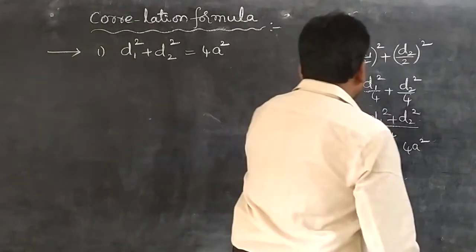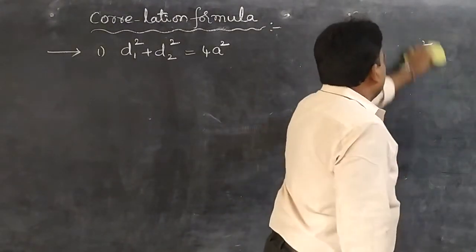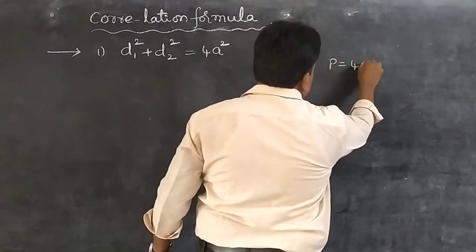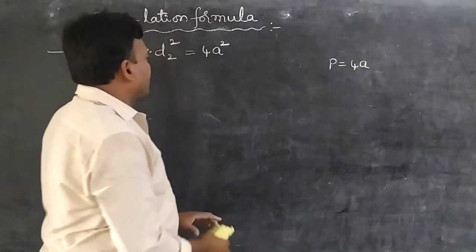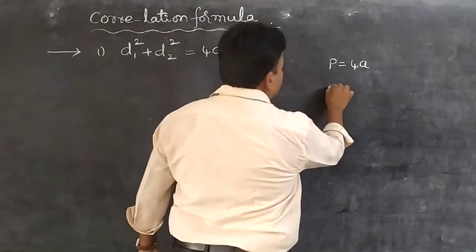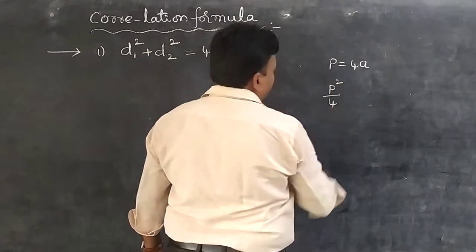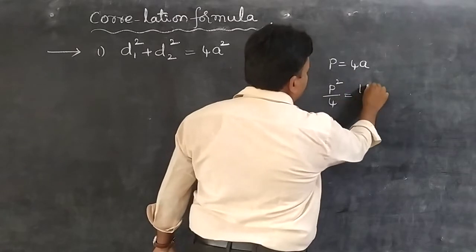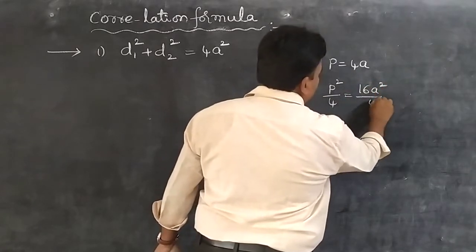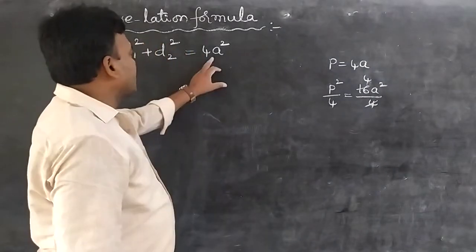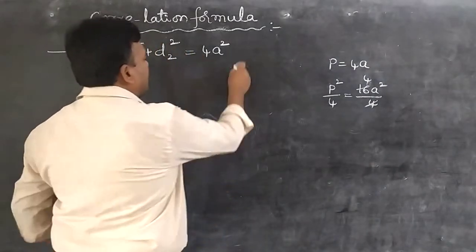Next one. Generally, here observe P equals 4A. Here 4A square can be written like this. Observe carefully: P square by 4. Suppose P equals 4A, then P square means 16A square by 4, so 4 gets cancelled, giving 4A square. So 4A square can be written as P square by 4.